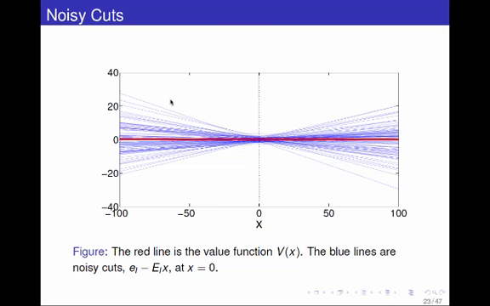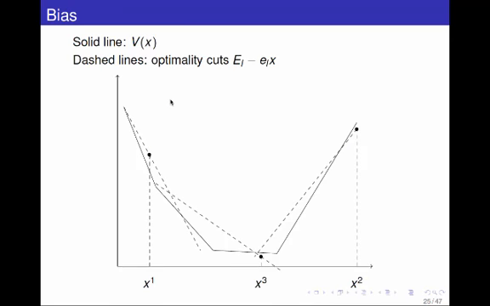And this one is going to overestimate the value function on the right-hand side. So again, because of this theta greater than or equal to something, and because the something is noisy, you create bias. And if you're iterating this algorithm too many times, you end up over-approximating your value function. So here's in drawing what I'm trying to say in words. You basically have a true value function, which is a solid black line.